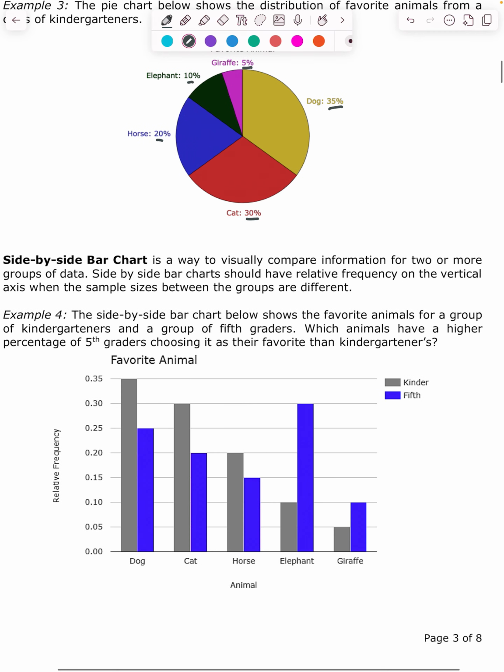A side-by-side bar chart is a great way to make comparisons between groups of data. There are some other ways to use bar charts. They have stacked bar charts that you can use to make comparisons, which are okay in my opinion.